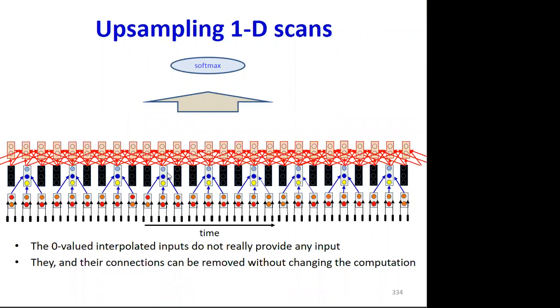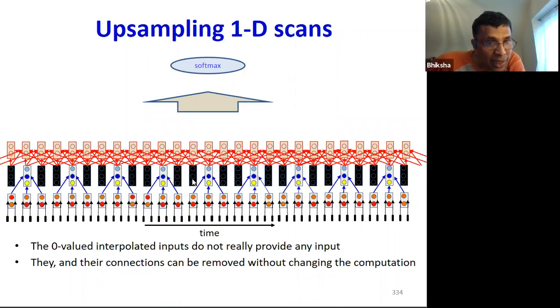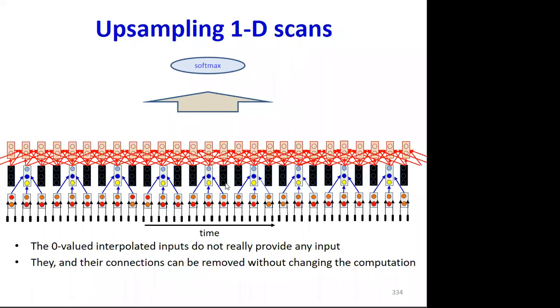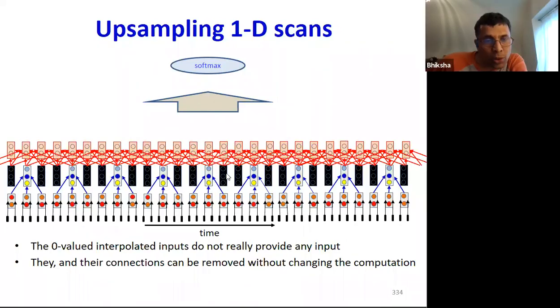Right. But what you could also do is take a guess at what these columns could have been had you actually scanned the lower layer with finer resolution. Okay, so you're talking about the case where you have a smaller stride size for the lower layer.